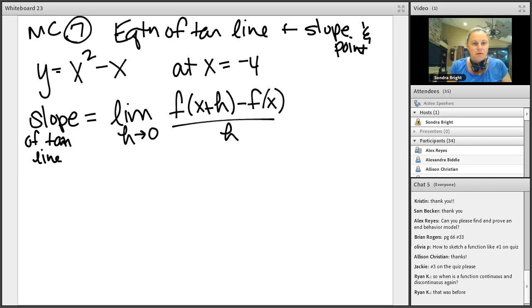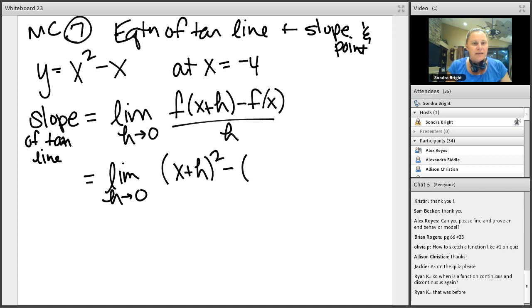Okay, so that means this will be the limit as h goes to 0 of x plus h quantity squared minus x plus h, minus x squared minus x.